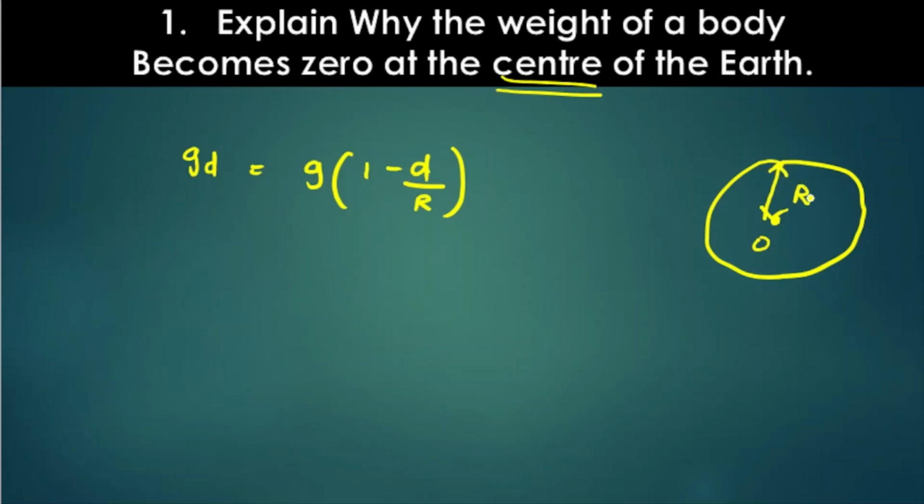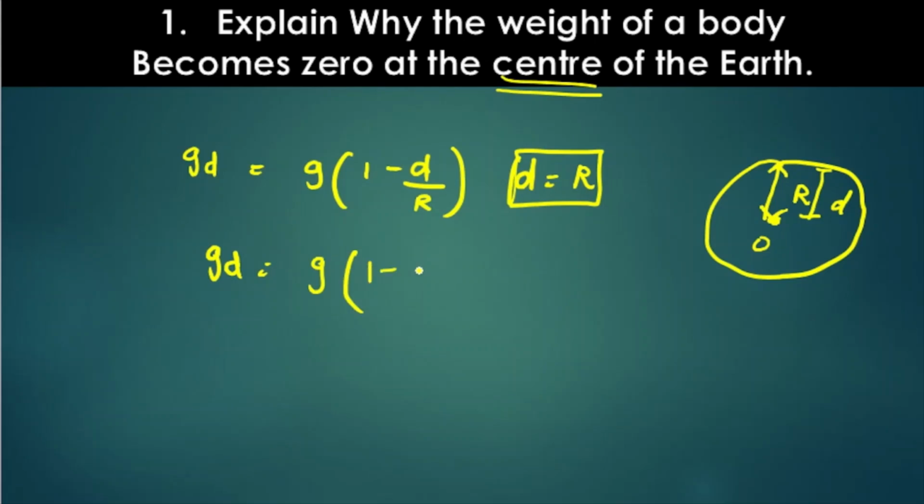The radius of the earth is from the center to the surface. So the depth towards the center equals the radius, so d is equal to R. Instead of depth you can substitute the radius.